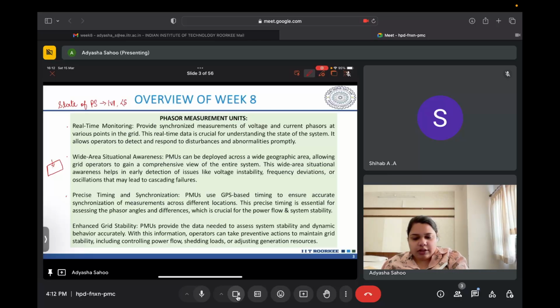Basically, through the PMUs, you are getting the information of the phasors of voltage and current. And this data is used for power system studies such as state estimation, various power flow studies, and stability studies like dynamic stability.